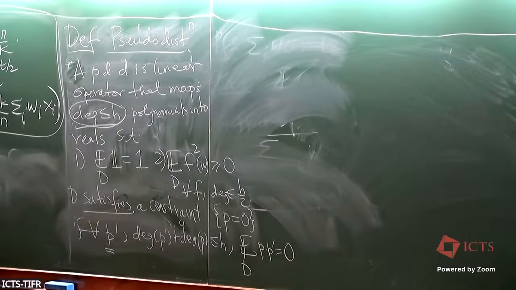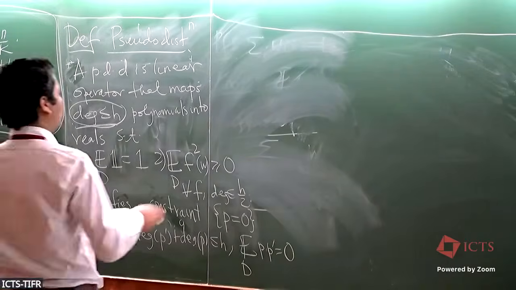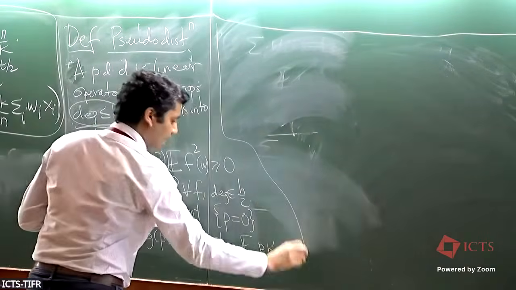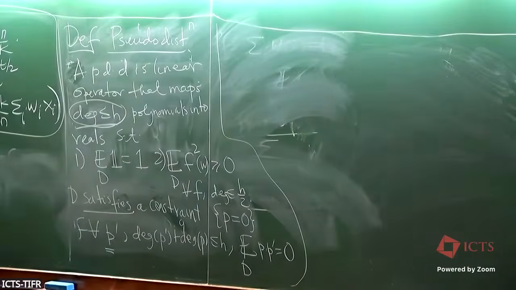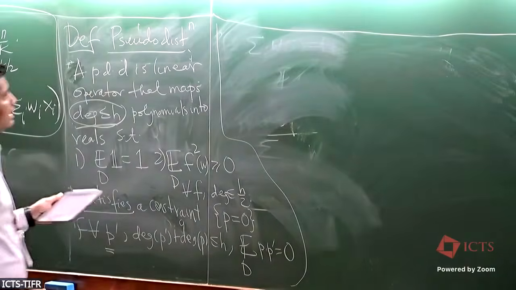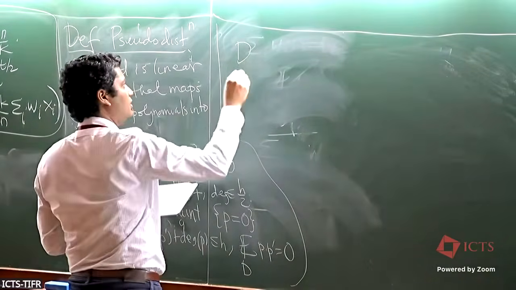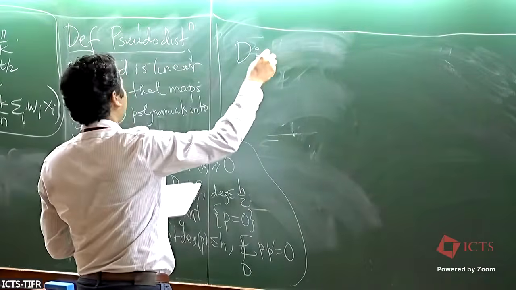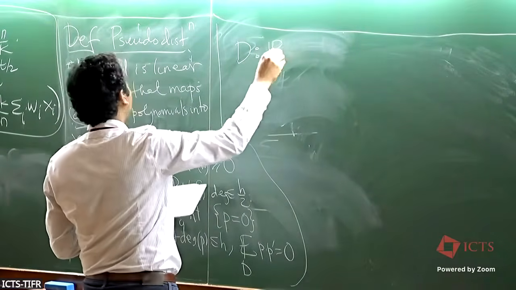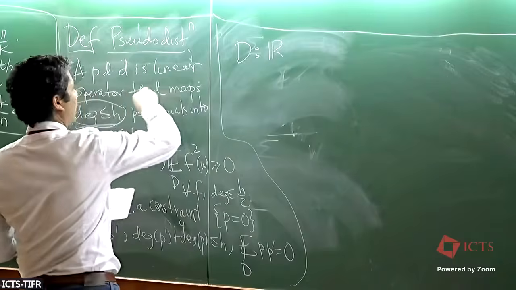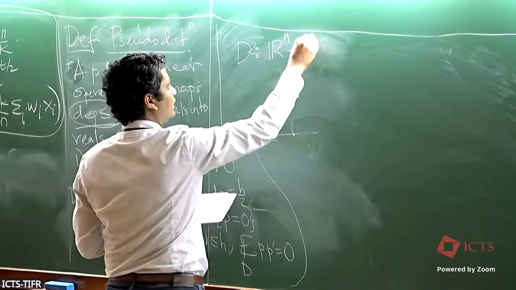So these are all my time-saving measures where I'm not saying some things, but okay, let me say it given that you brought it up now. Let's answer Santosh's question. Maybe it's actually even helpful to understand what's going on. You can think of a pseudo distribution D as a map from R^n to real numbers.